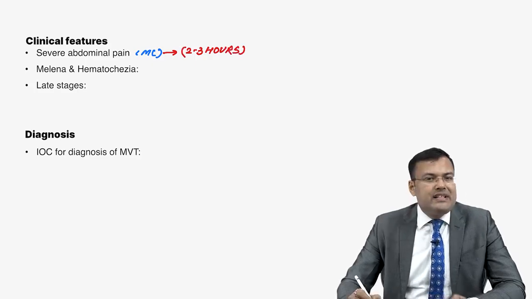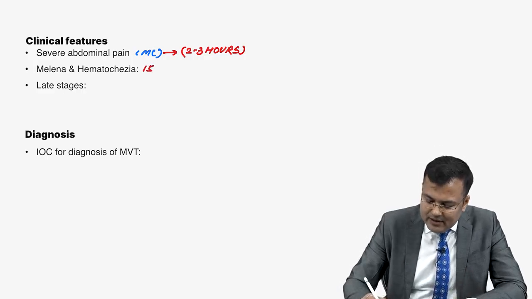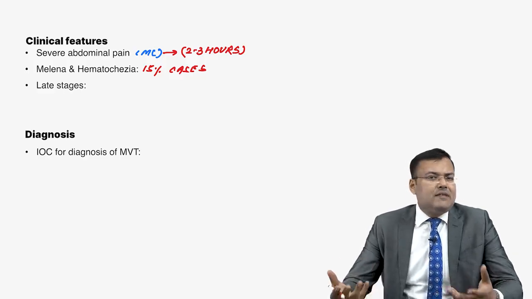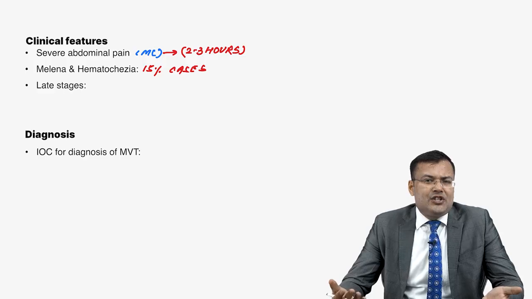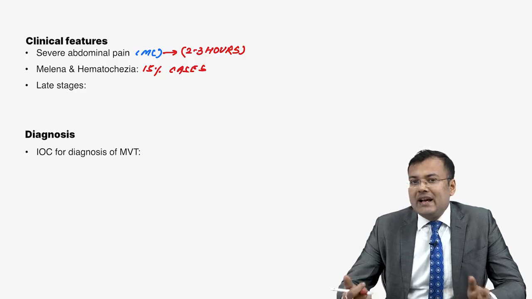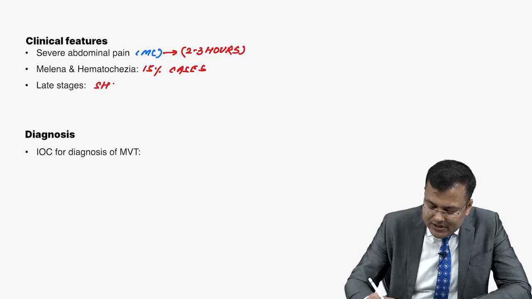Just like acute mesenteric ischemia, there is melena and hematochezia in approximately 15% of cases. If there is delay in presentation, in late stages, initially there is ischemia, followed by gangrene, followed by sepsis, followed by shock. So in late stages, the patient might be brought to your emergency in the stage of shock.